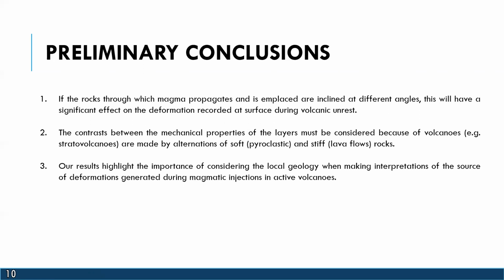Second, the contrast between the mechanical properties of the layers must be considered because volcanoes, for example stratovolcanoes, are made by alternation of soft and stiff rocks, for example, due to the presence of intercalation of pyroclastic rocks and lava flows. And finally, our results highlight the importance of considering the local geology when making interpretations of the source of the deformations generated during magma injection in active volcanoes.